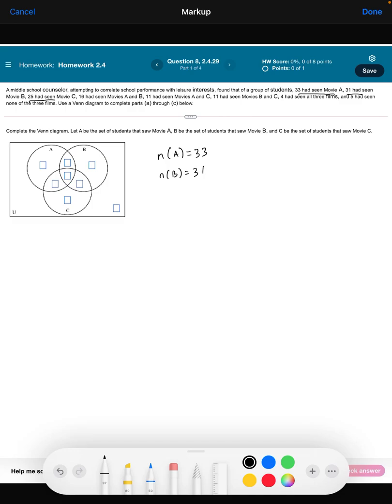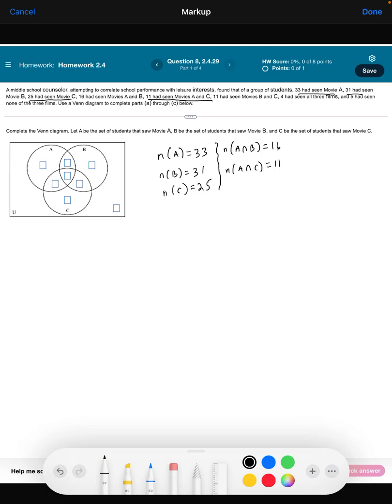Right, 25 have seen C, so the cardinal number of C is 25. Then it says 16 saw A and B, so A intersecting B is 16. 11 saw A and C, so the cardinal number of A intersecting C is 11, right?